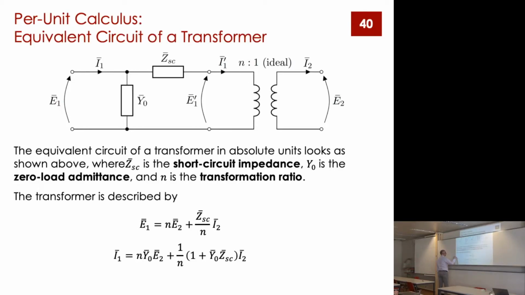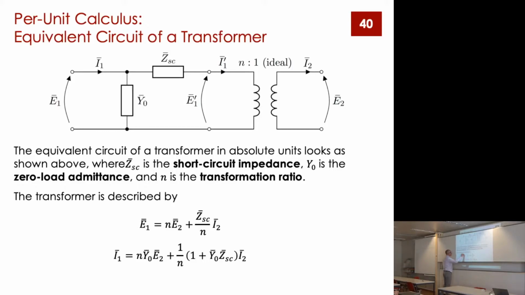So I1 is equal to Y0 times E1 plus the current I1 prime.